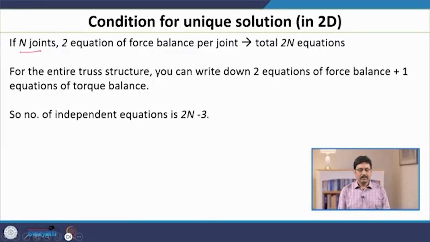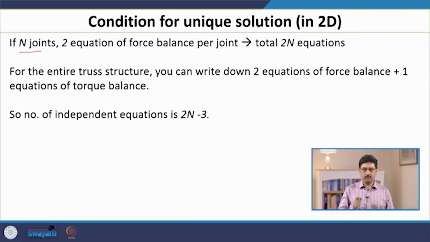Suppose this truss or framework is made of n joints. For each joint, and this is what we learned in the previous lecture working through the examples, in order to compute the unknown forces you have to go node by node, or joint by joint.